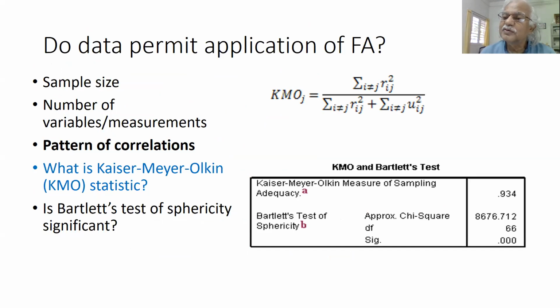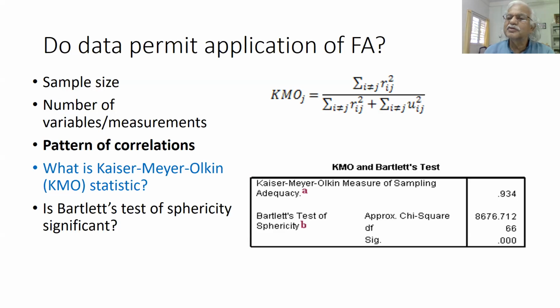Factor analysis would be most suited when there is correlation among the various variables. Suppose there is no relationship between any two variables. And if you make a correlation matrix, then it comes out to be an identity matrix. Means variables correlate with themselves only and not with other variables.